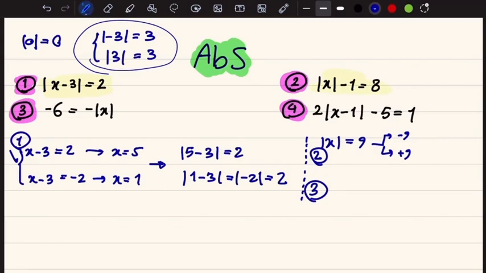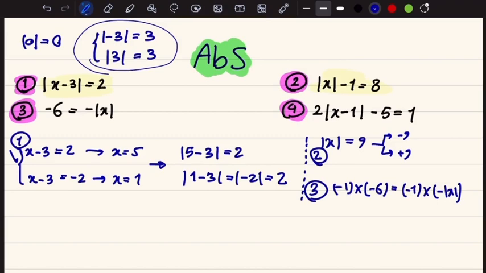So we multiply both sides, left and right, by -1, or you can divide both, left and right, by -1. If I do this, it will become -1 times -6 is equal to -1 times minus absolute value of x.